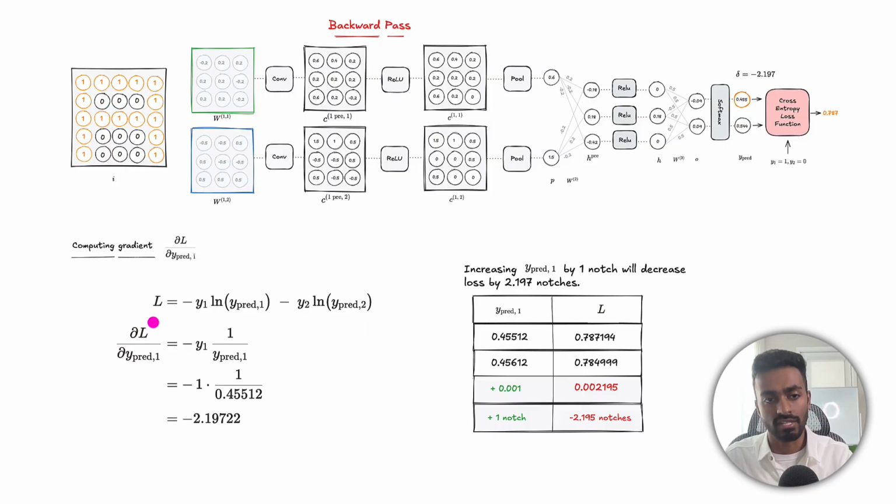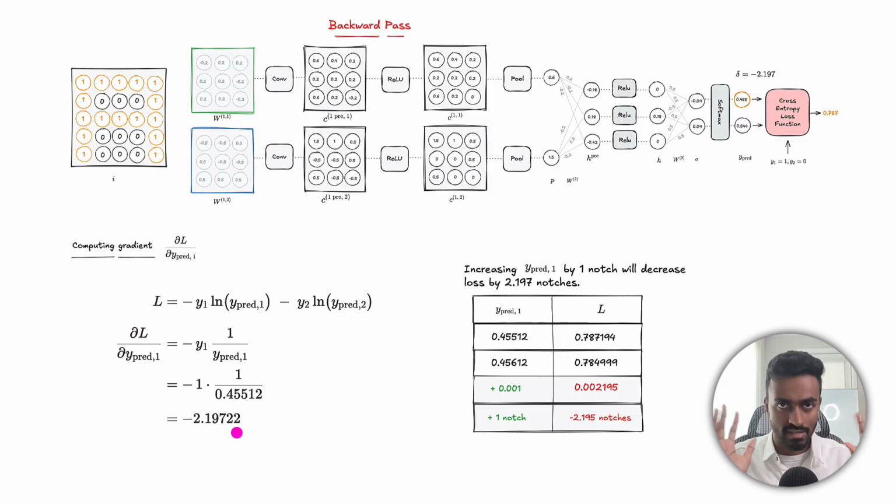If we take the derivative with respect to the first neuron prediction, that's going to be minus y1, which is constant with respect to this, times log of the prediction. If you take a derivative, it's 1 over that prediction value, just like we saw in the rules, minus this entire thing is a constant with respect to y pred 1, so it's 0. And substituting the values, you're going to get negative 2.19722.